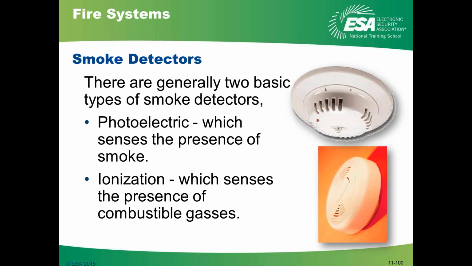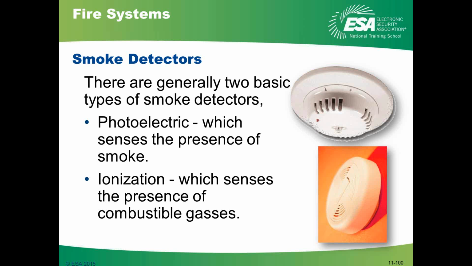One of the things you may want to point out on the ionization is there is a move by some in the fire industry to outlaw all ionization detectors and alarms up in the Northeast and out in the California area. They are really pushing to get rid of these ionization detectors strictly because of the false alarms that we've been dealing with over the years.